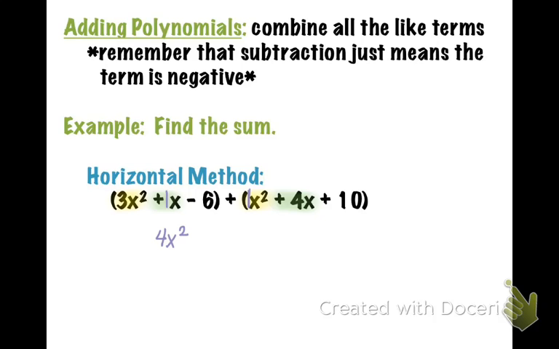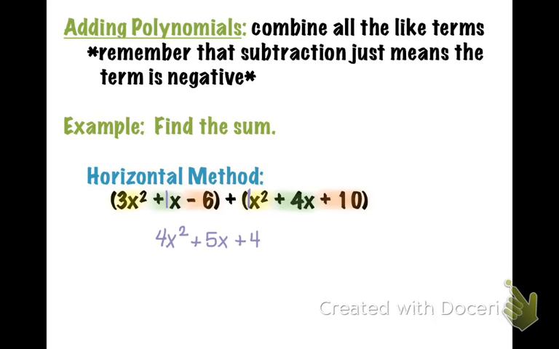So again, this is a 1x. So 1x plus 4x makes 5x. And lastly, I have a negative 6 and a positive 10. And so when I put those together, again, you got to watch real careful with your positives and negatives. I get plus 4 at the end.